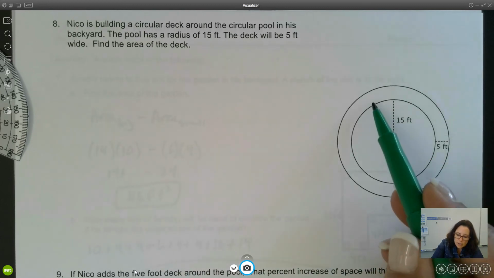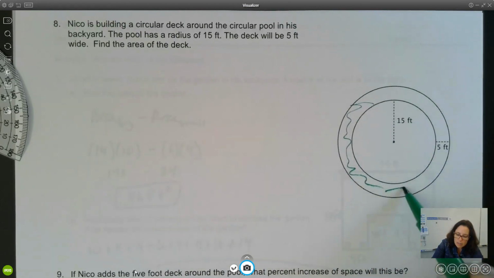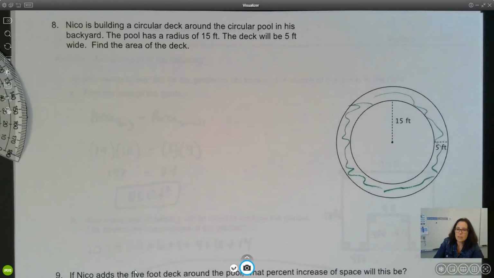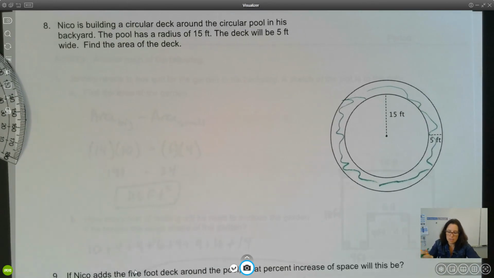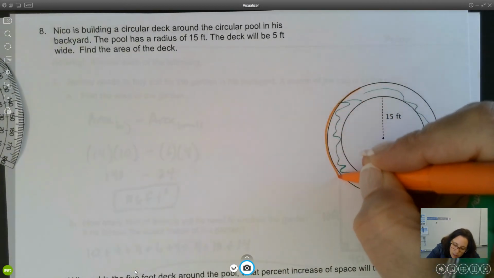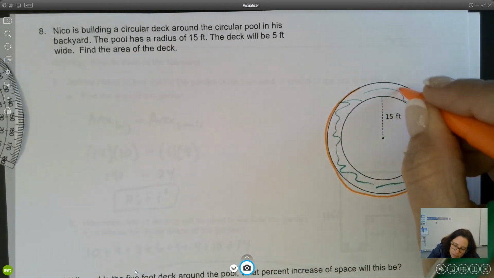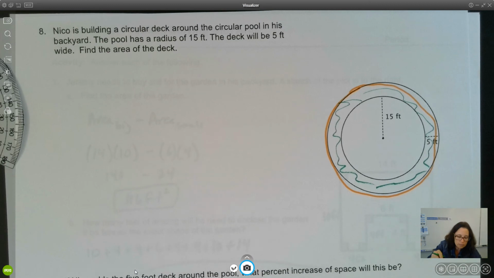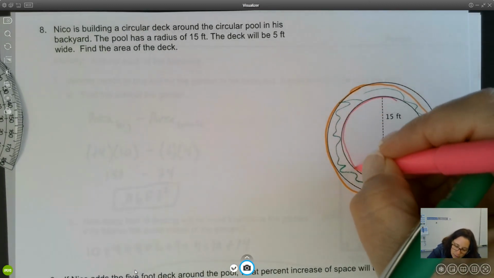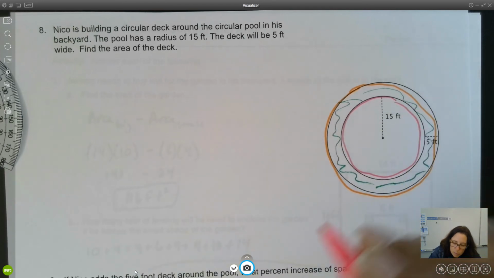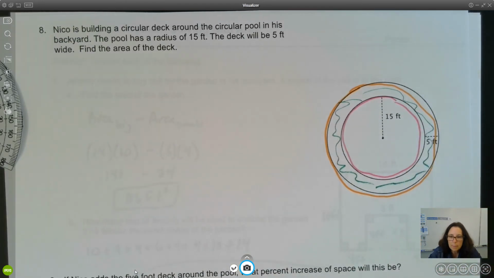So we just want to find this. The way that we're going to do that is we're going to find the area of the whole thing. Sorry, my circle was not very good. Then we're going to find the area of just the pool, and we're going to subtract them. So let's start with the whole thing, the orange thing.